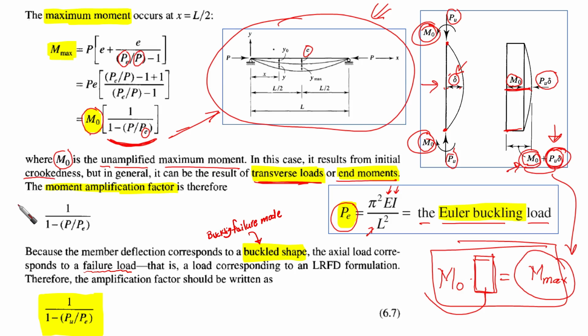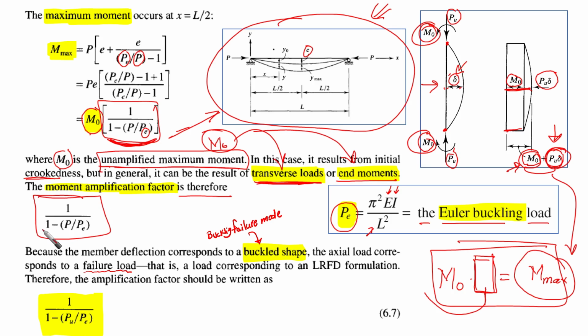So the unamplified maximum moment, M node, can come from transverse loading, end moments, or the initial crookedness. The moment amplification factor is, therefore, this part here: 1 over 1 minus P over PE.